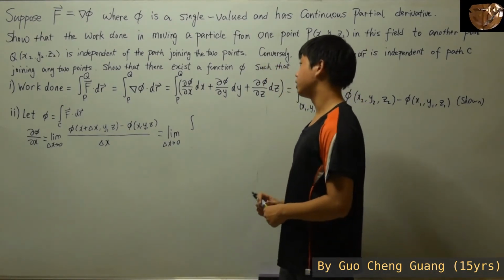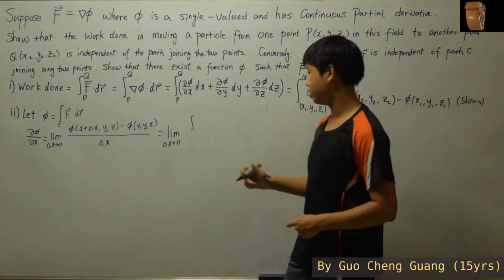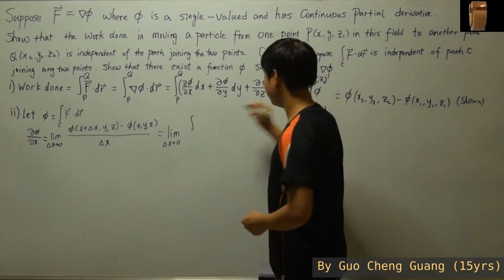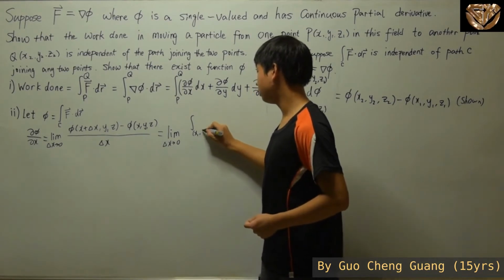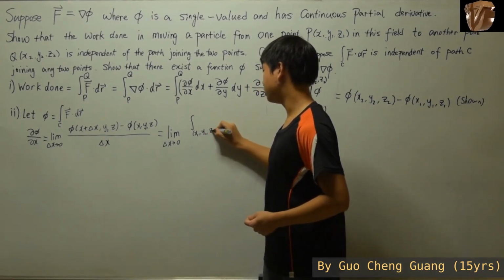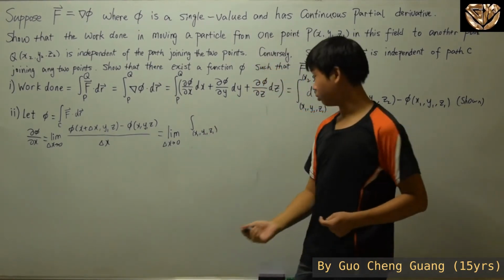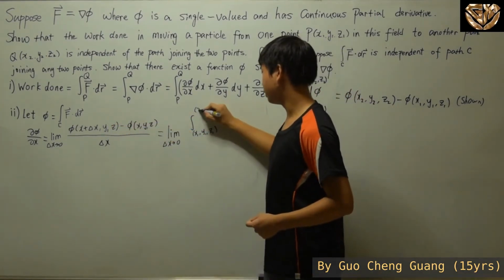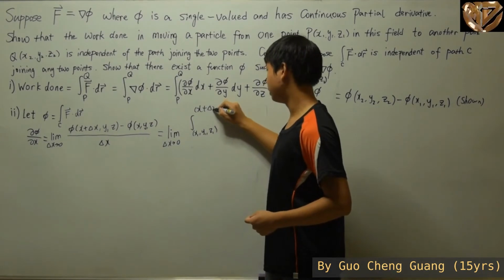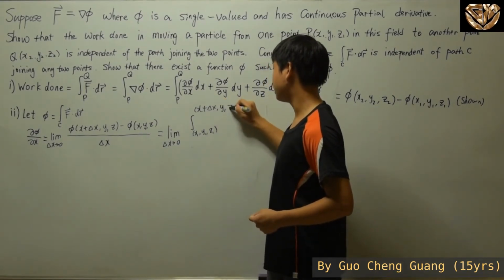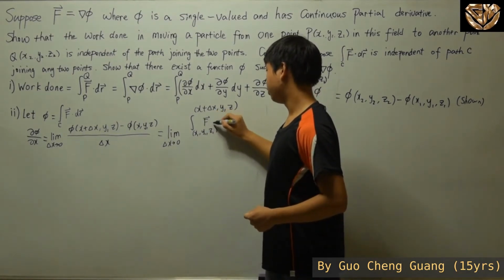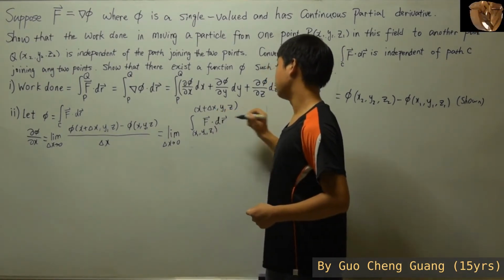Let's say we're using the initial point as x1, y1, z1. This is your initial point, and then your ending would be x plus delta x, y, z. And then of course here you have f dot dr.